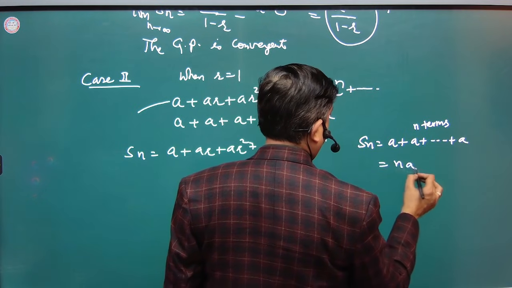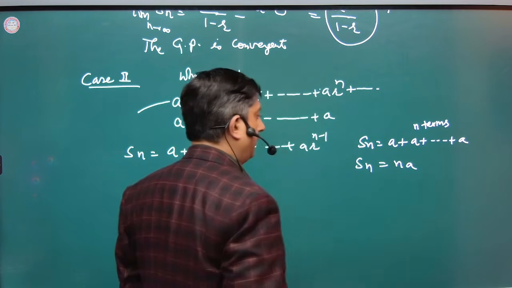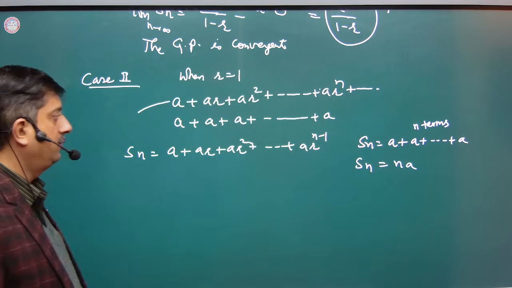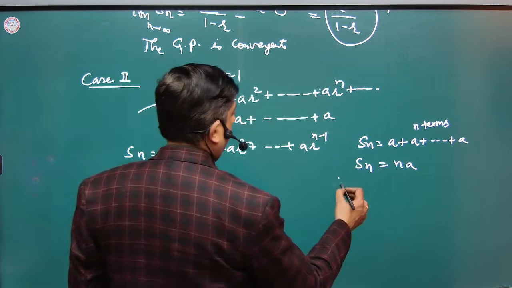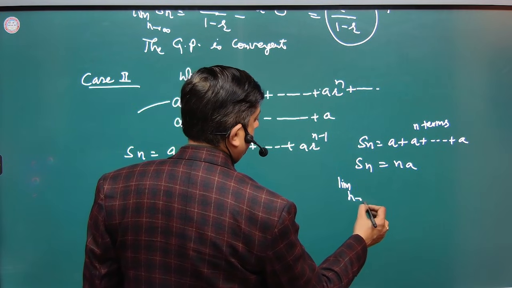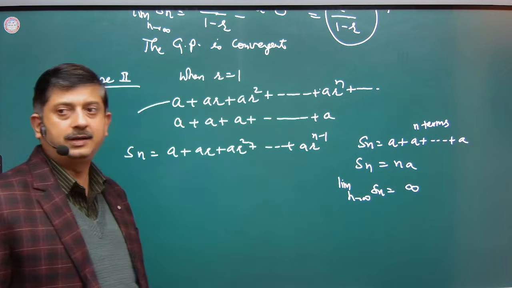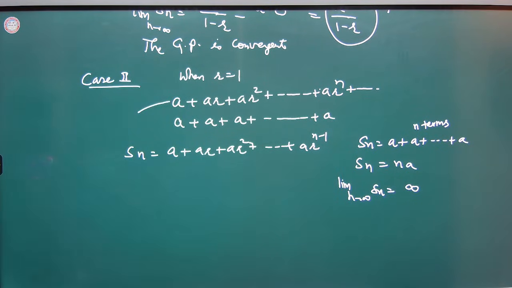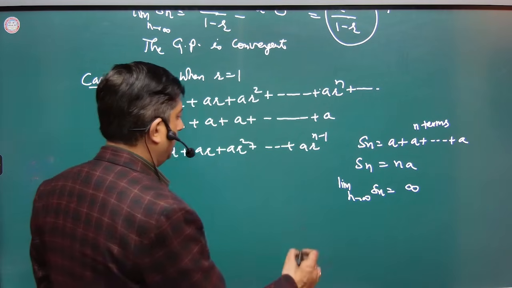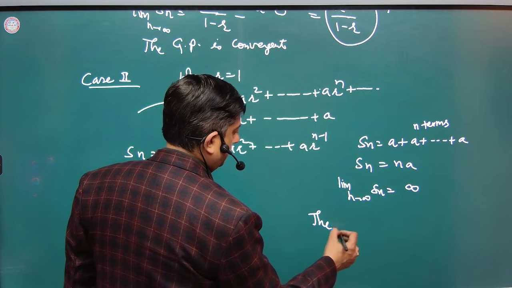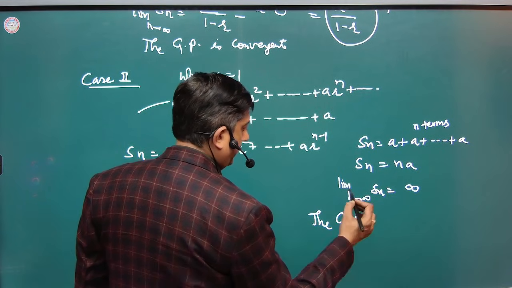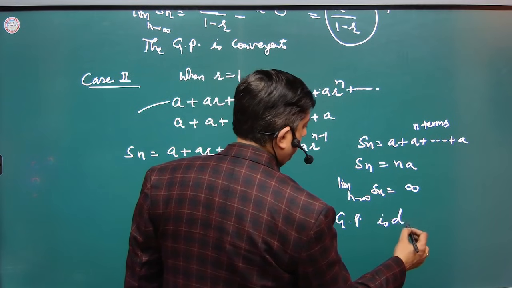It is na. Then what is the value of Sn? Sn value is na. Take the limit n tends to infinity of Sn, then obviously this value is infinity, and because this value is infinity, therefore the geometric progression is divergent.